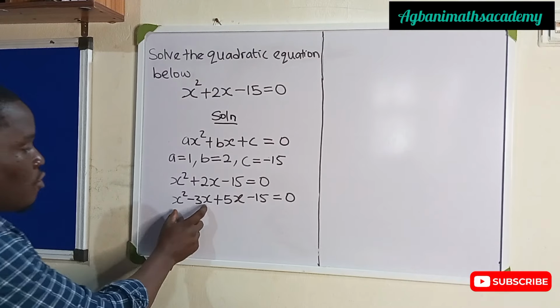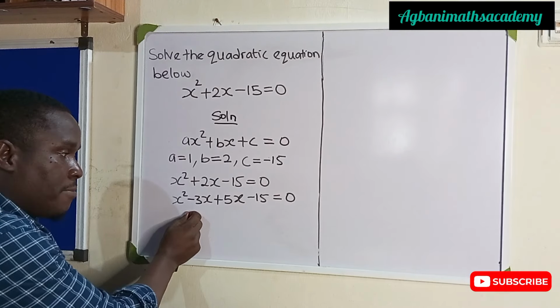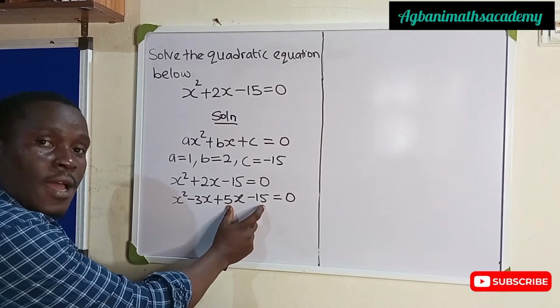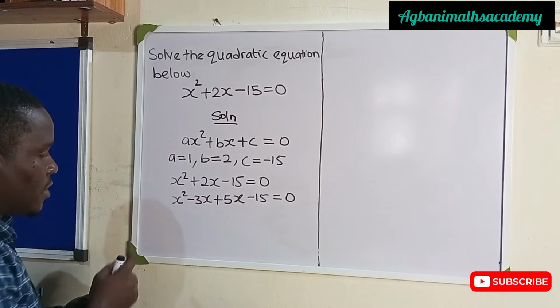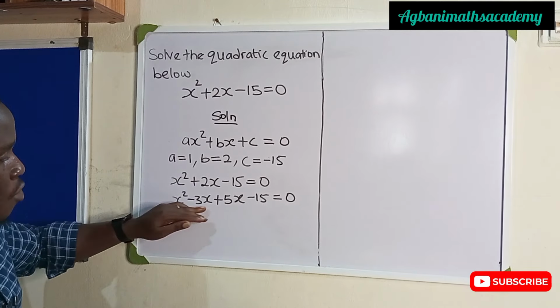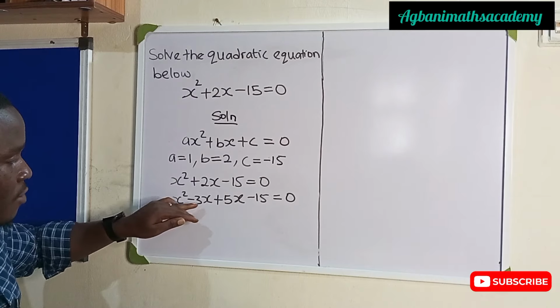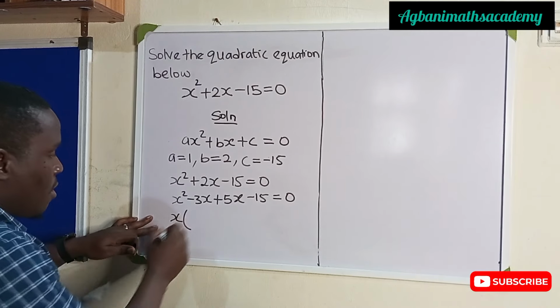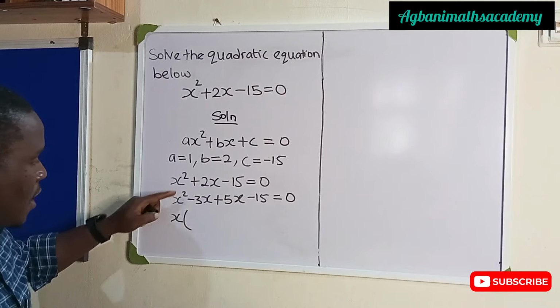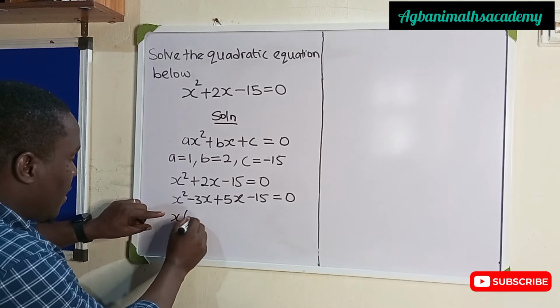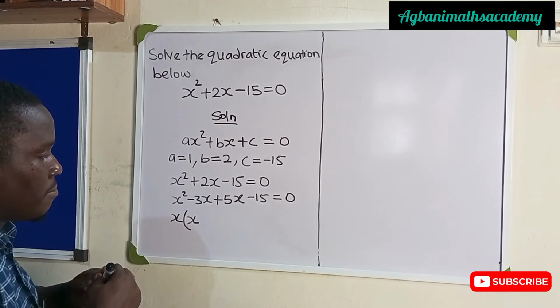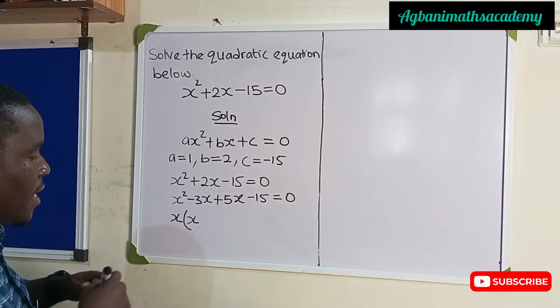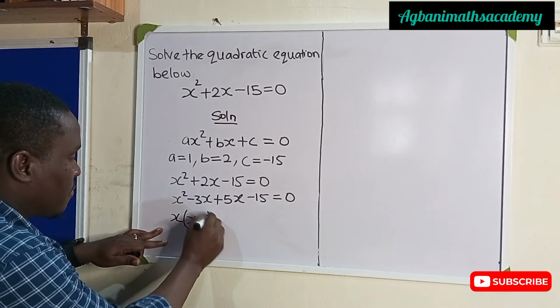So we are going to pick these first two values and factorize them, and then pick the last two values and factorize them. What is common between x squared and minus 3x? What is common is x. So we have x, and we open a bracket. x squared divided by x will give us x, and minus 3x divided by x is going to give us minus 3.